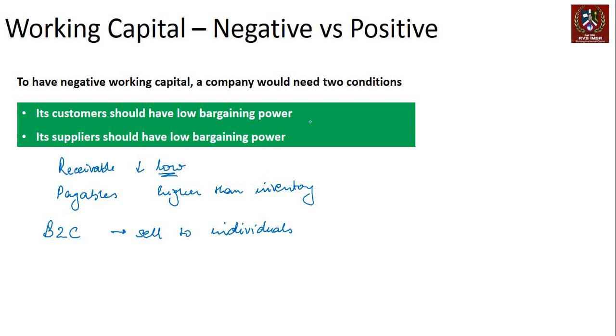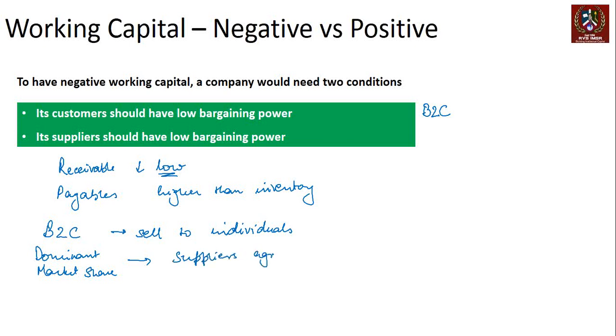So if the customers don't have a bargaining power, that gets sufficed by B2C typically. And the second thing you will see is that these are all companies with dominant market share, right, in their industries. If they have dominant market shares, the suppliers listen to them.